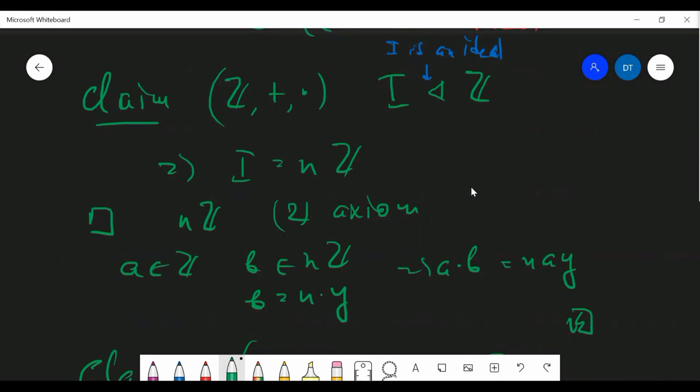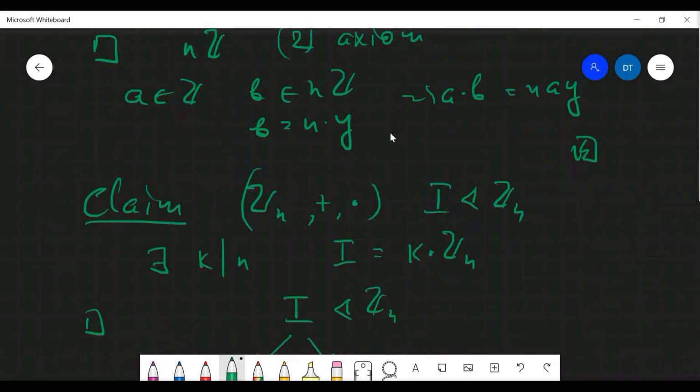Yep, but where do we prove that every ideal is of this form? I told this orally. Every ideal must be a subgroup, and we already know that all subgroups are of this form. So there are no other subgroups. Okay, I agree. Could you go through the second proof again?